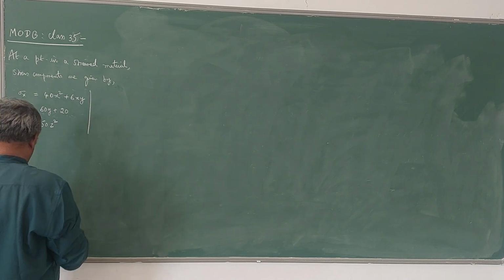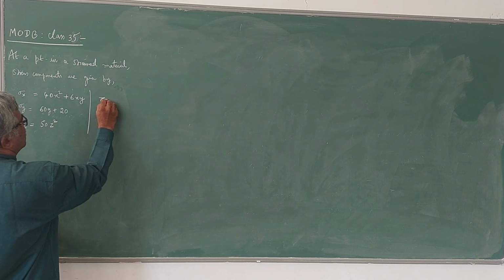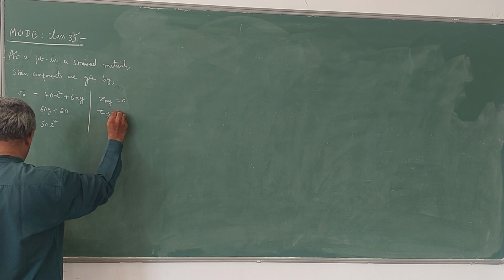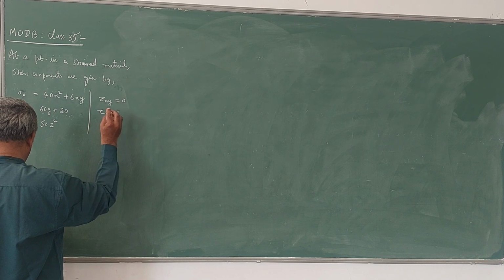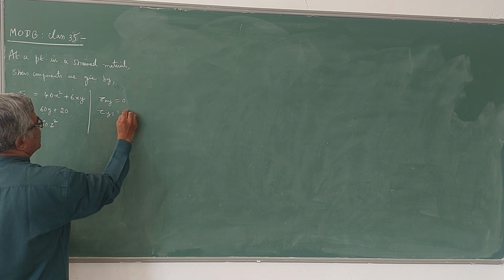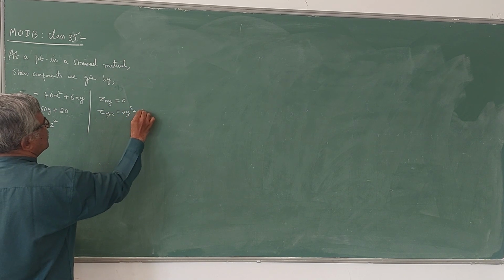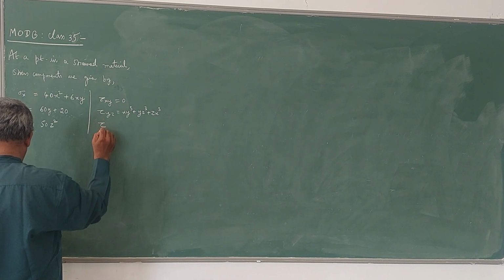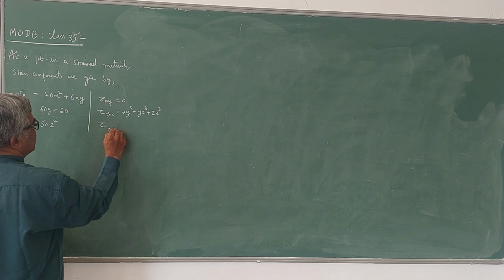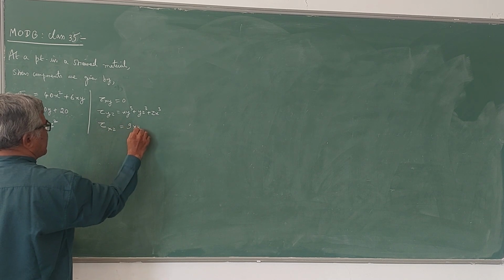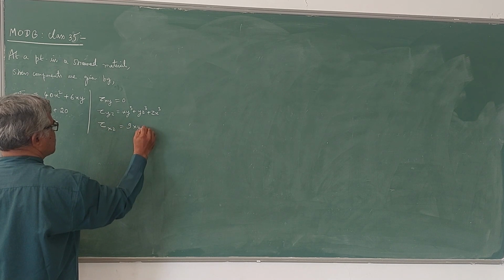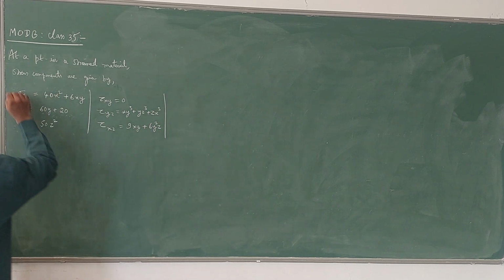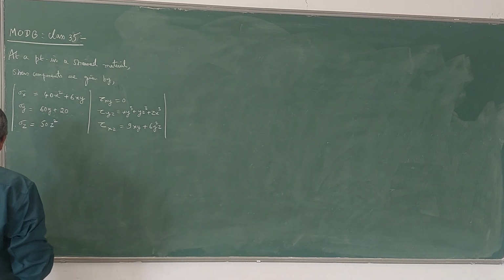And he has given the shear stress components: tau xy as 0, tau yz is xy cube plus yz cube plus zx cube, and tau xz is 9xy plus 6y square z. So these are the stress components we have been given.